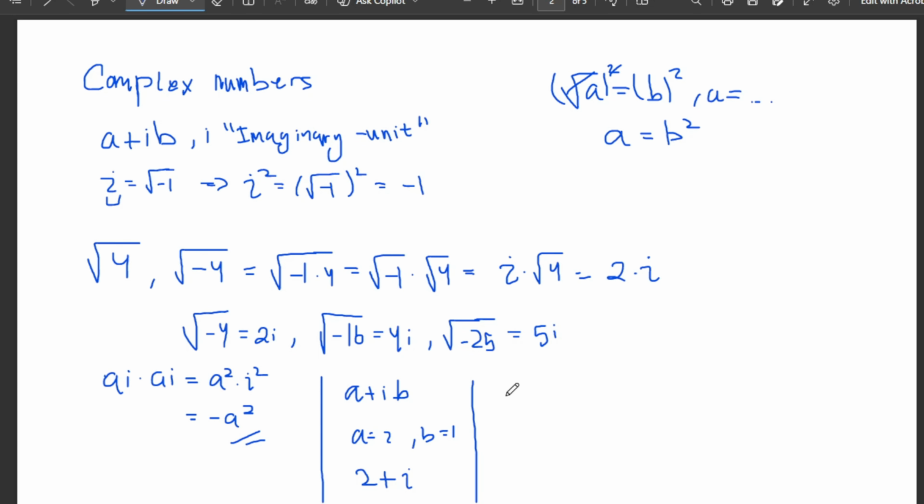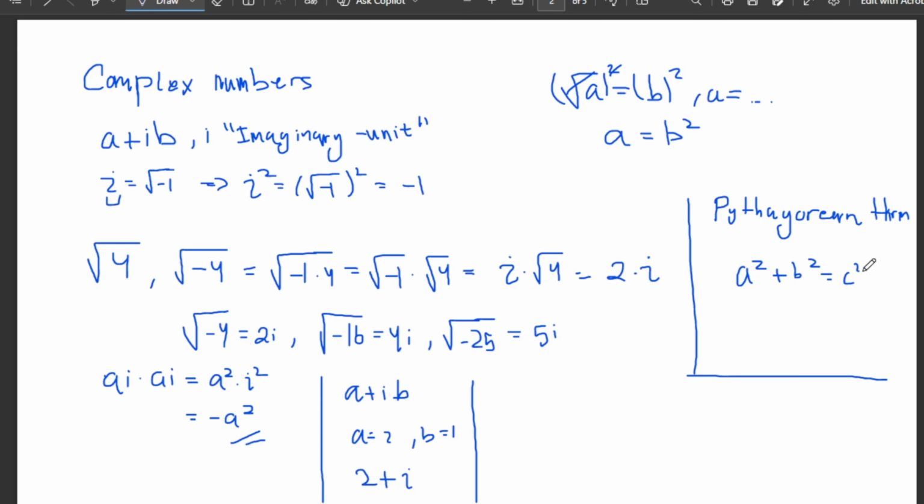If you guys remember, the Pythagorean theorem states that a squared plus b squared equals c squared for a right triangle A, B, C. Well, if we take the absolute value, remember absolute value: the absolute value of a is the same thing as the square root of a squared.